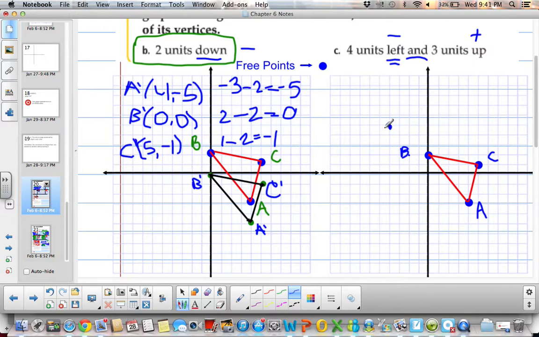Here's my B prime. C over 4, 1, 2, 3, 4, 1, 2, 3. And then that's C prime, and then A is 1, 2, 3, 4, 1, 2, 3. This is A prime.